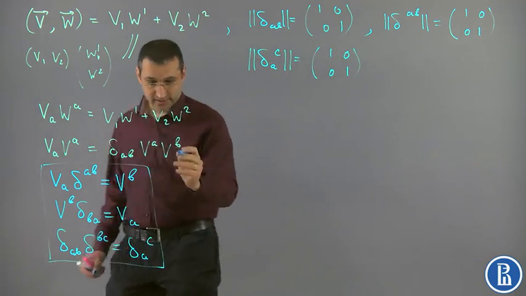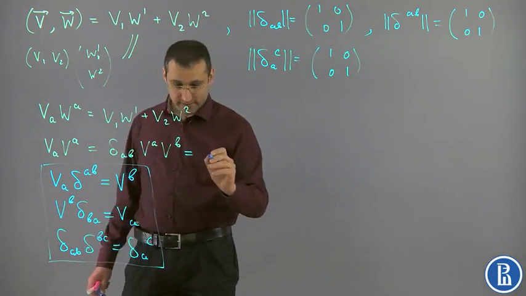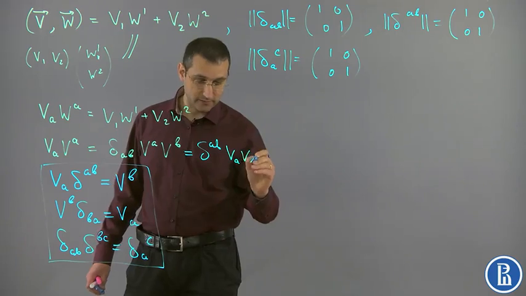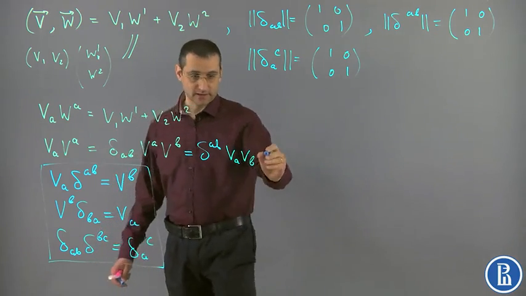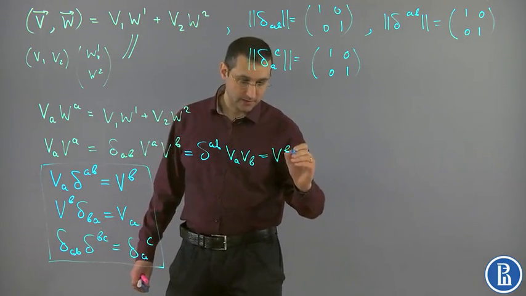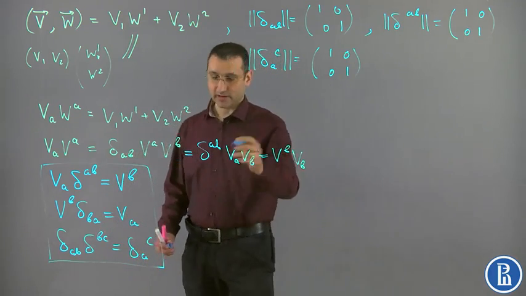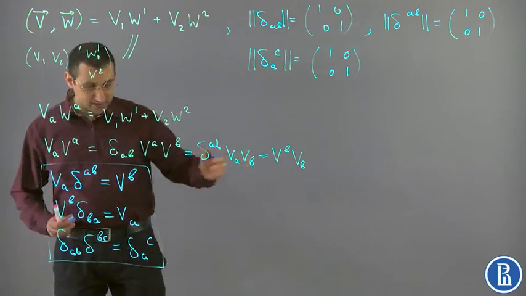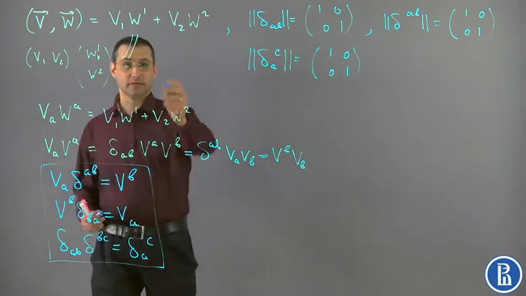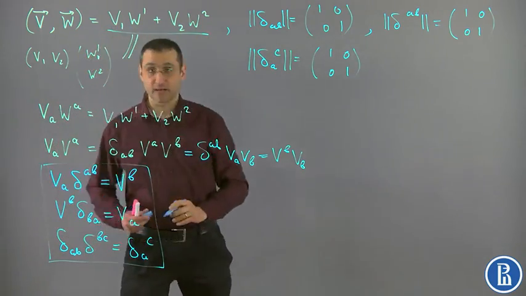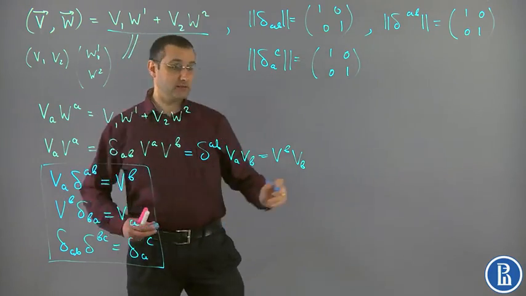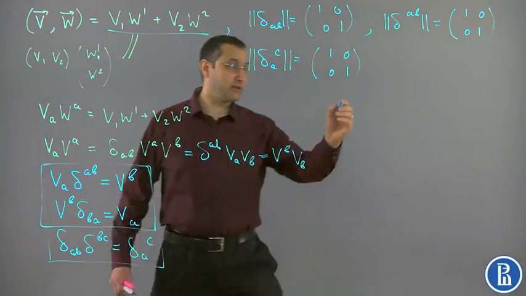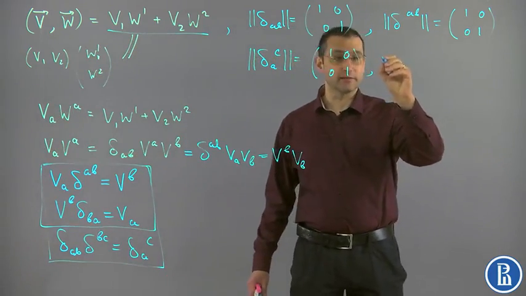And hence this can be written in many different ways: V^A, V_B, and so on, V_B, V^B. These are different ways of writing the same thing, and they mean the same. Notice that due to these relations, the map between upper and lowercase indices is trivial.